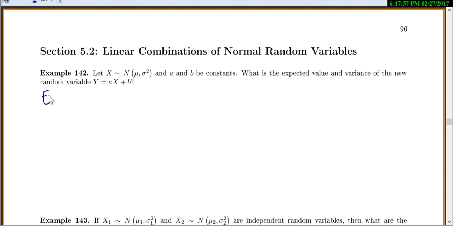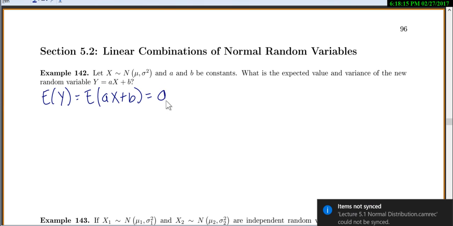So let's look at our expected value of y. This is kind of a review of section 2.6. This is the expected value, well, y is really ax plus b. And do you remember what the rules are for expected value? What happens to those a's and b's? They just kind of come right out, so it's going to be a times the expected value of x plus b.